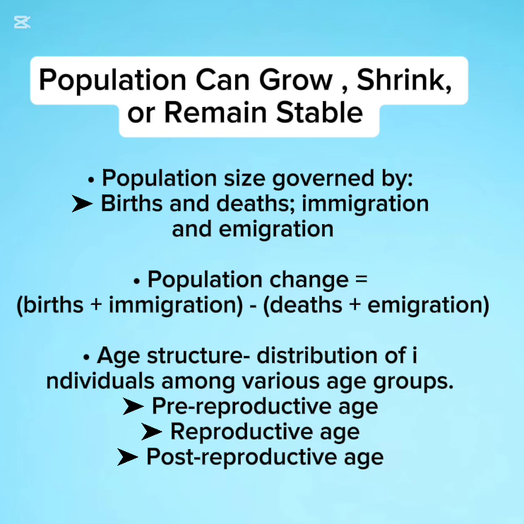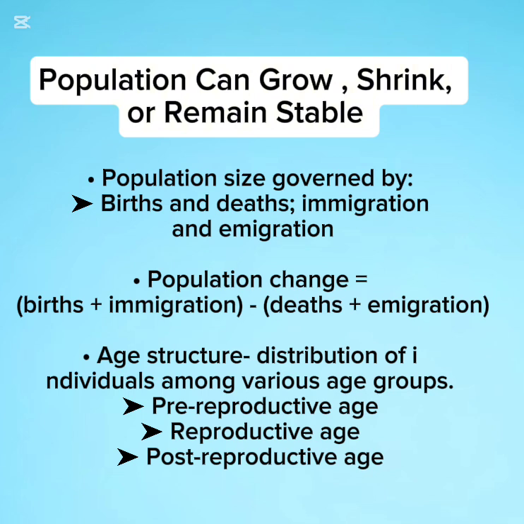This equation shows how the size of a population fluctuates over time based on the balance between the number of individuals added to the population through births and immigration and the number leaving through deaths and emigration.